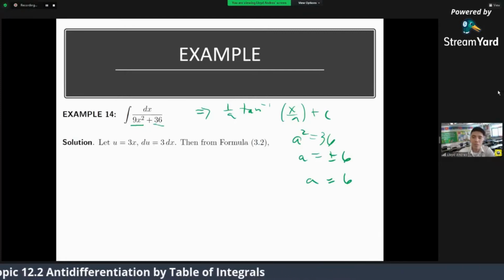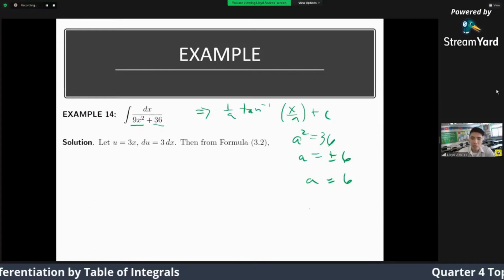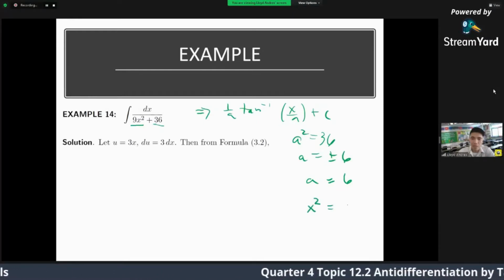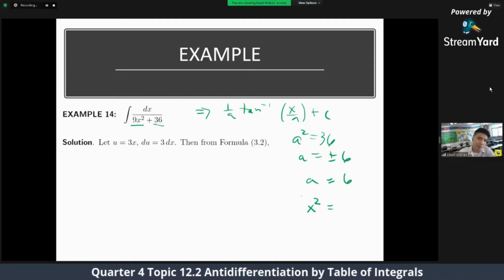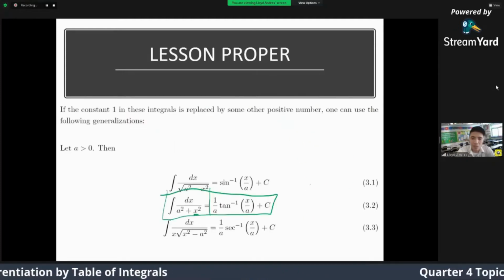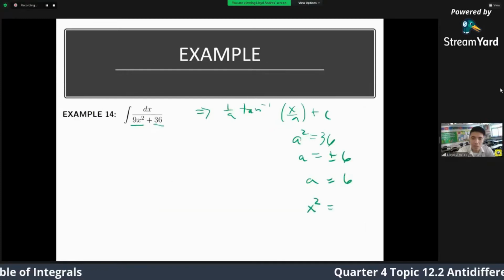Kailangan gihapon nato kwaon tong, di ba, x squared siya ang pattern. Malibog ta sa variable. So dapat manggod ani na lang ax squared dapat in terms of u ni siya.